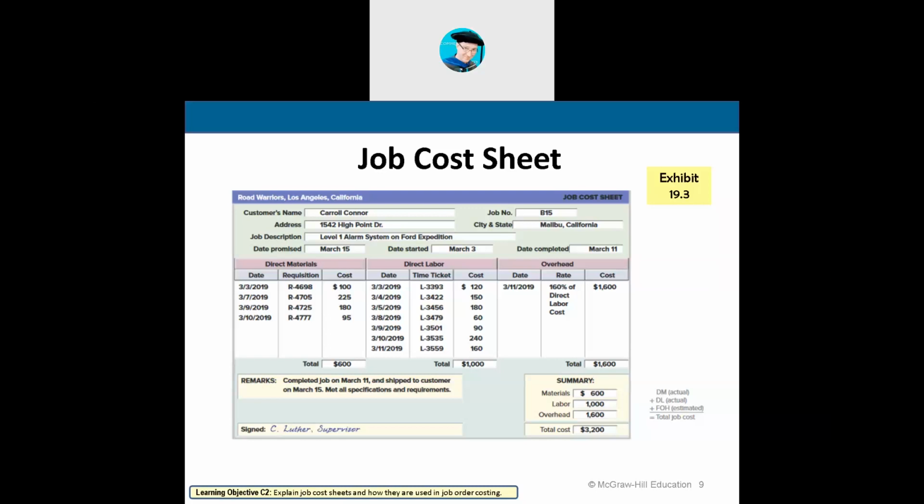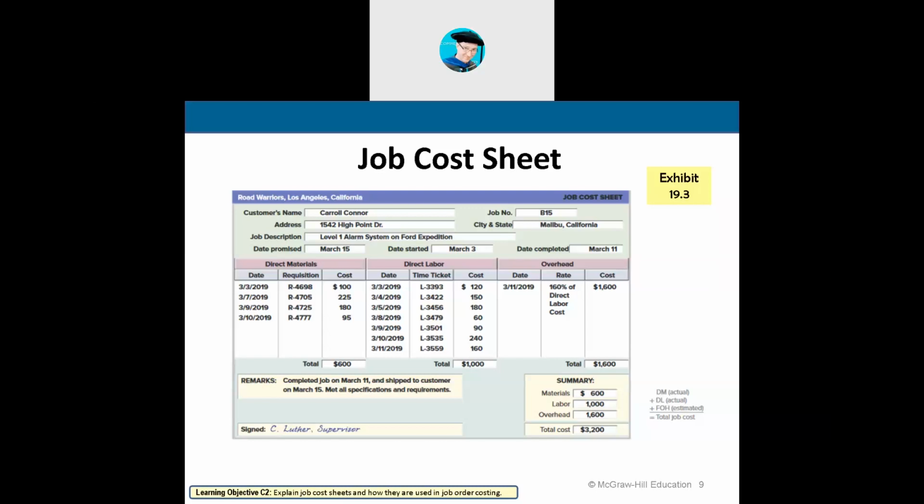Here's what I mean by this. For this particular company, they said that their total factory overhead rate is calculated by taking 160% of the total direct labor cost. That's how I find the overhead rate per job.